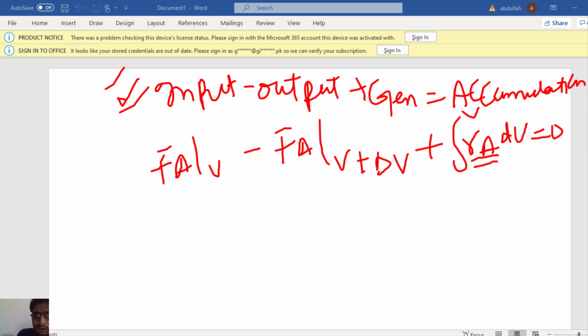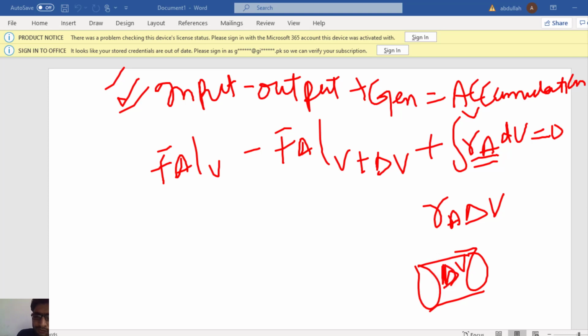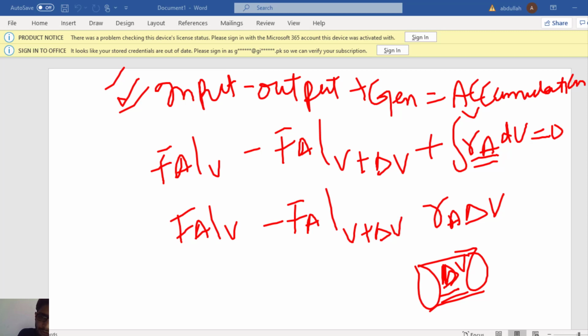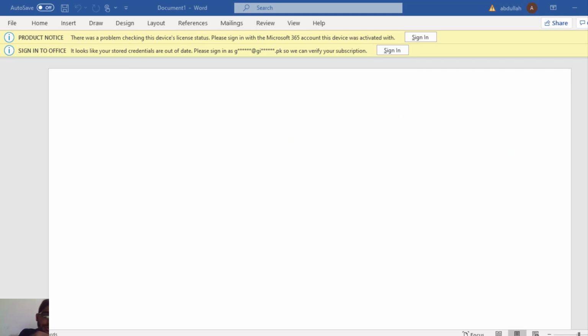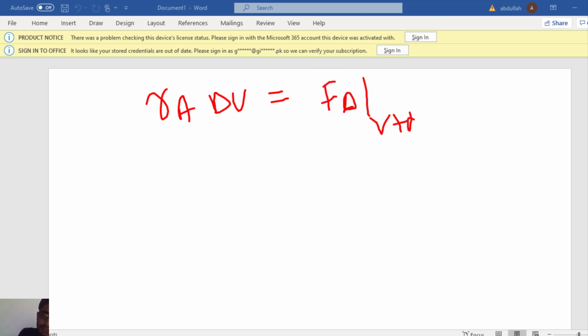RA is constant, so it comes out of the integral sign, and dV is the small change in volume, the delta V. Now we can rearrange this equation: RA delta V is equal to FA at V plus delta V minus FA at V.